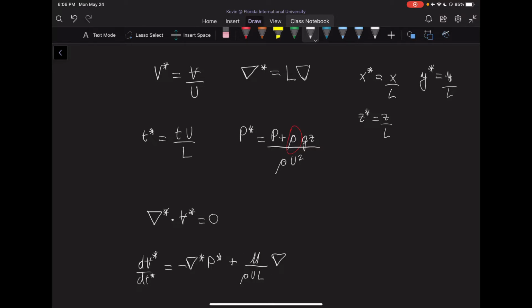And then we have gradient star squared multiplied by velocity star. Okay, so that's our continuity and momentum equations non-dimensionalized.